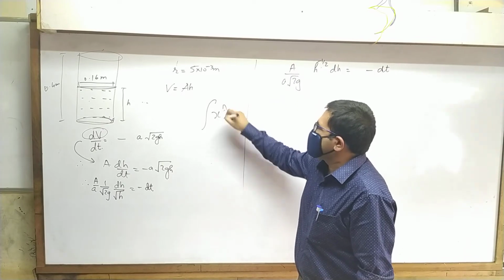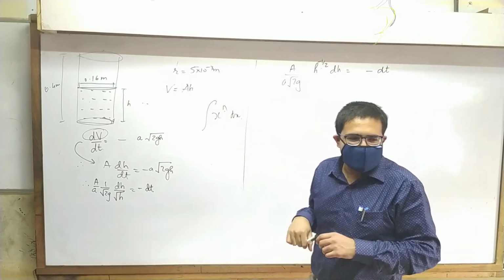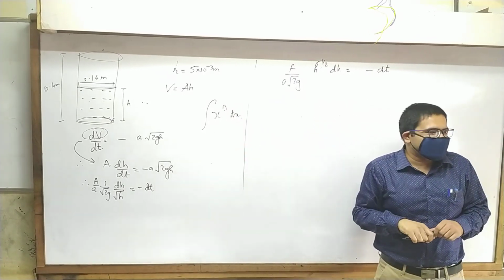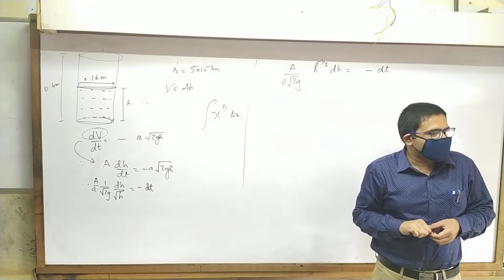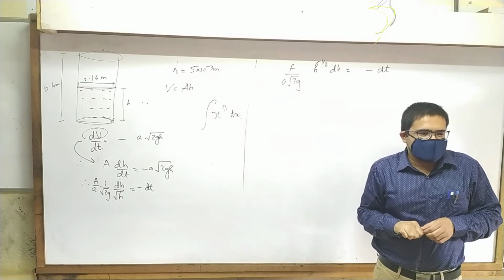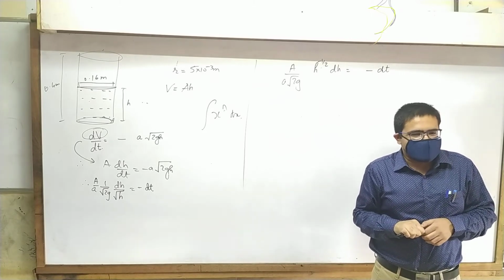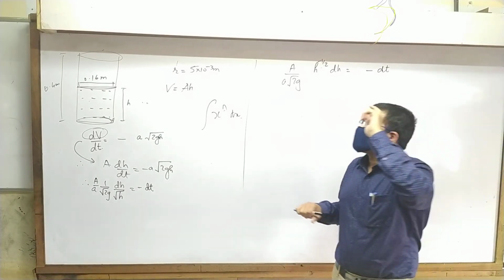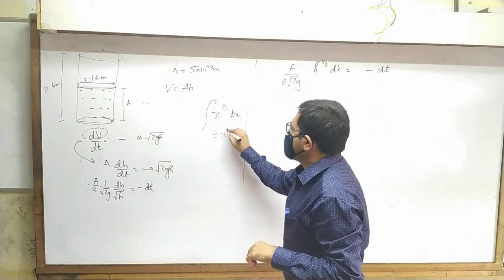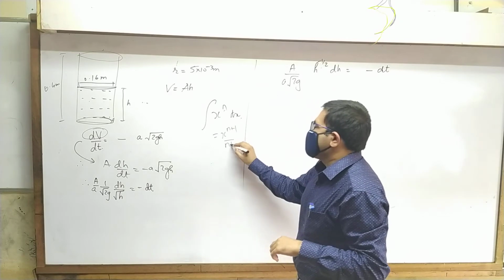Integration of x raised to n dx is, raise your hand. What is integration of x raised to n dx? Okay, very good. Yes, Arkan, what is it? h raised to n plus 1 upon n plus 1. Very good. It is x raised to n plus 1 upon n plus 1.